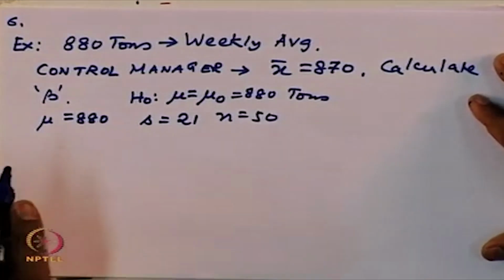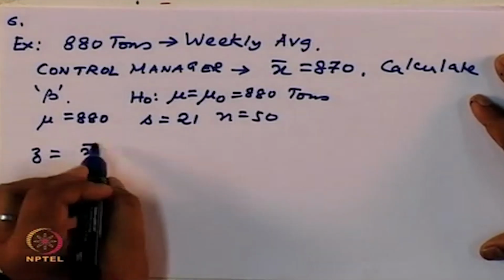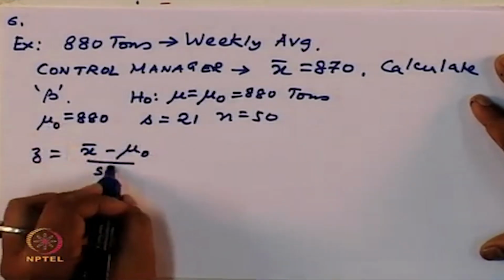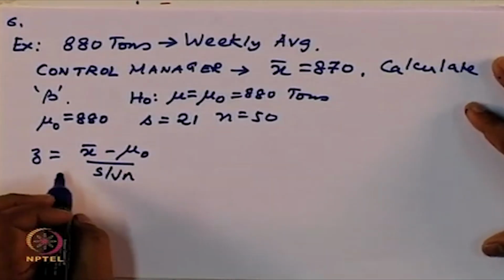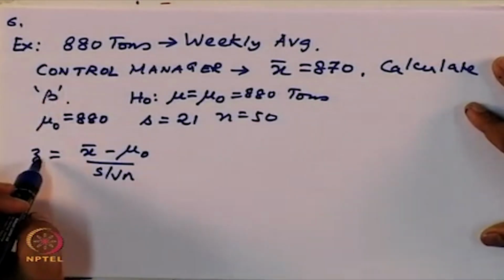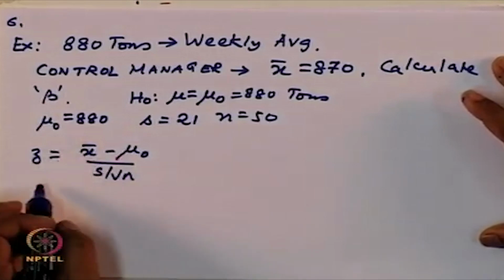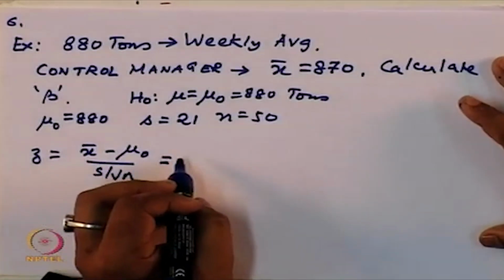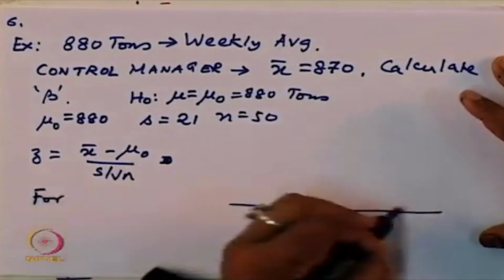So, we calculate Z equal to x bar minus mu naught by S by root n. So, if you were to reject your H naught, this Z you can calculate.